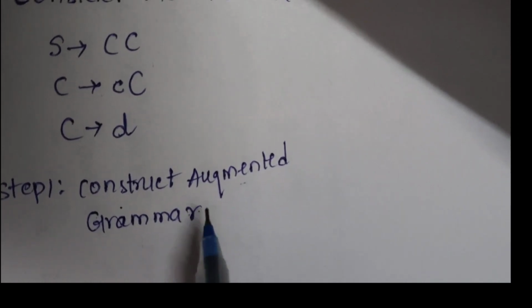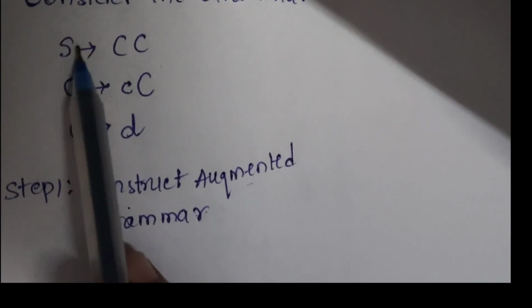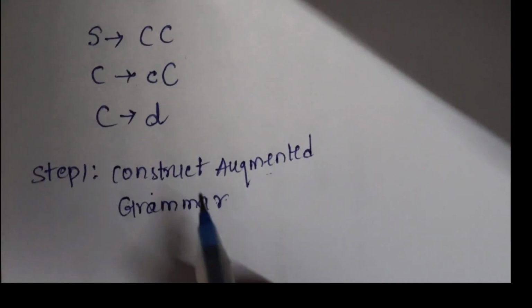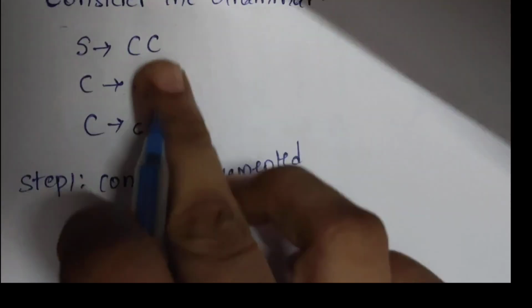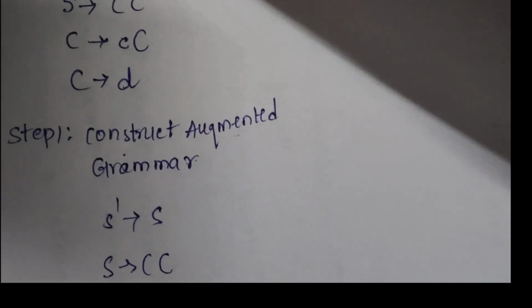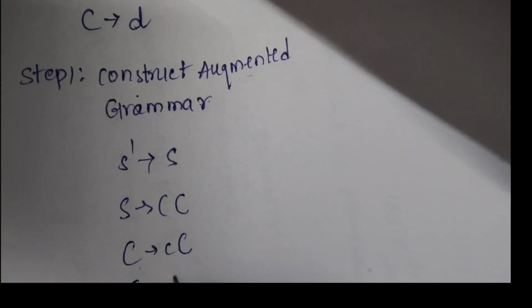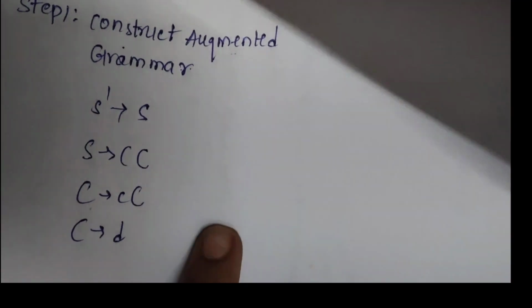Augmented grammar is nothing but, for the starting symbol, you need to keep the dash and derive the starting symbol. So simply S dash produces S, and write the productions as they are. So this is the construction of augmented grammar.